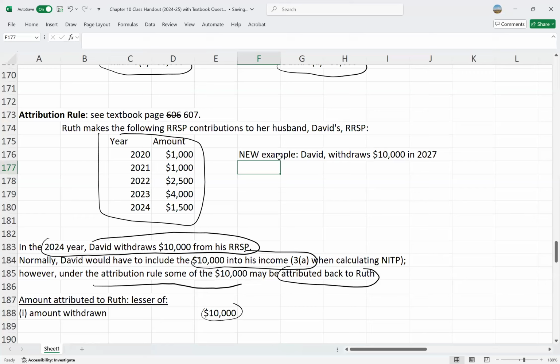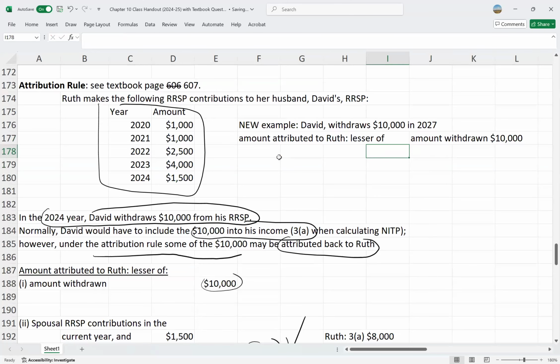Once again, the amount attributed to Ruth will be the lesser of the amount withdrawn, which is the 10,000, and the contributions in the current year, which would be 0, and the last 2 years, 2026 and 2025, which would also be 0.